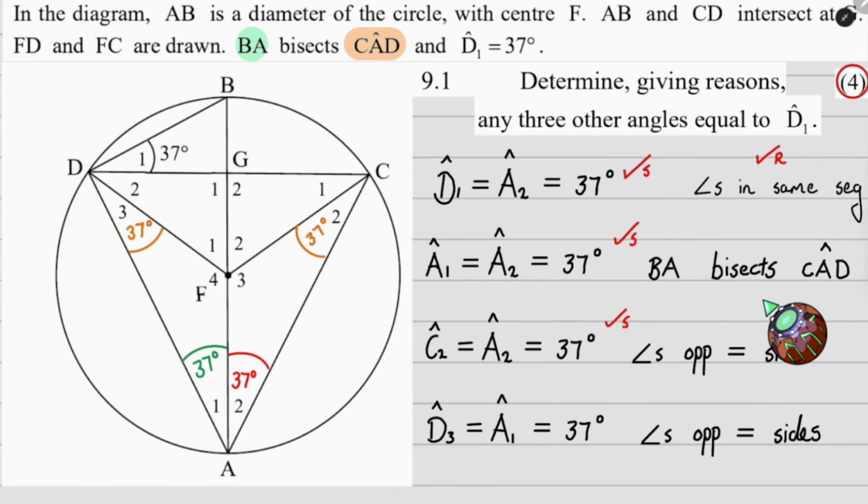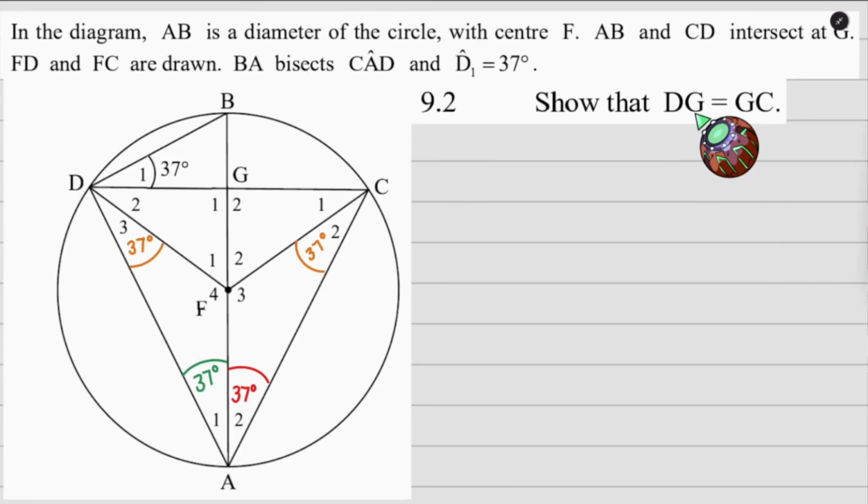And quickly having a look where our 4 marks come from. First mark comes from the statement over here, and the reason for angles in the same segment gets you your second mark. And then you get 2 marks for any of these 2 statements. I went a bit above and beyond getting 4, but I like to go a bit above and beyond with Euclidean. It always helps.